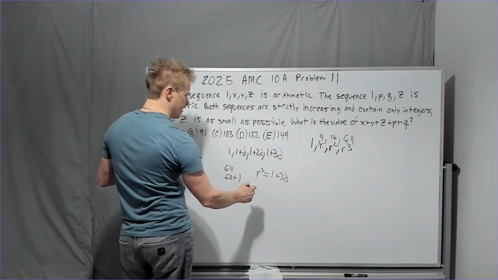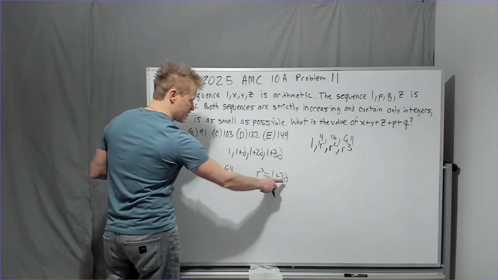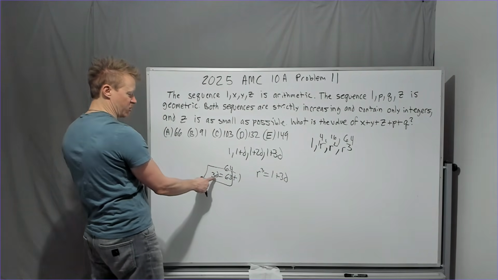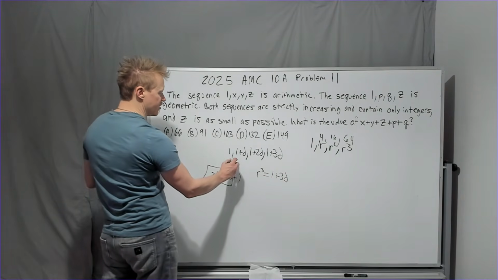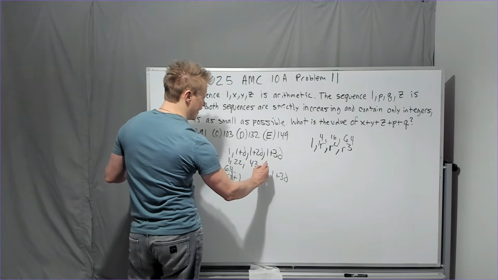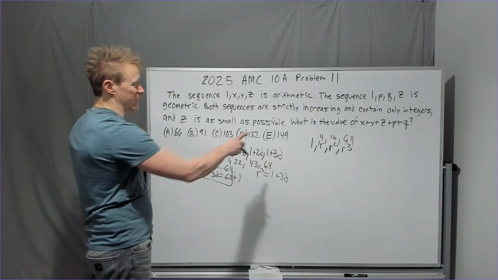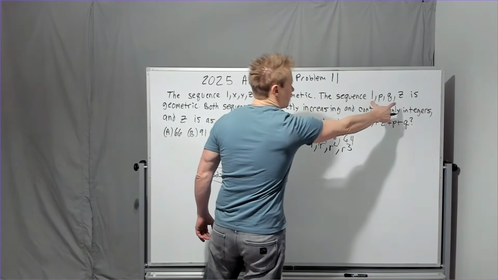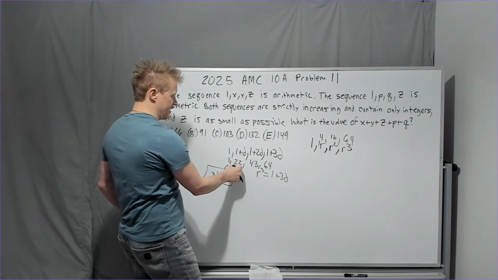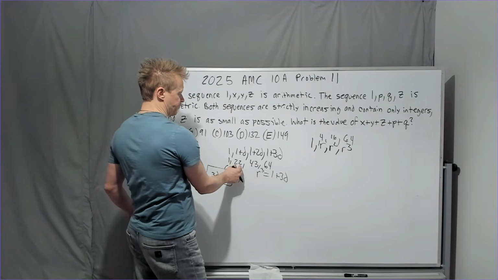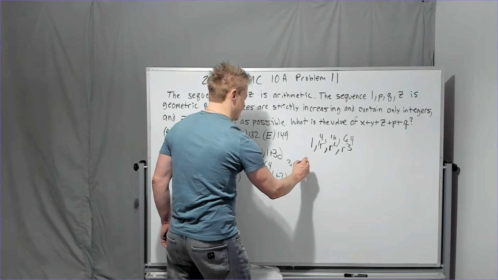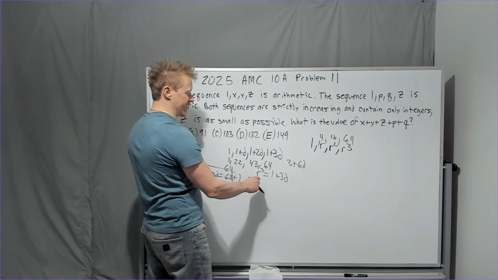Meanwhile, over here, if that's 63, then 3D would be equal to 63 because they both had plus 1. So D is 21. So you're going to add 1, add 21, add 21, add 21. And that's it. You've got all the values. What is the value of all of those plus the X and the Y? If you just add 3 plus 6D, that's the value of X, Y, and Z added together.